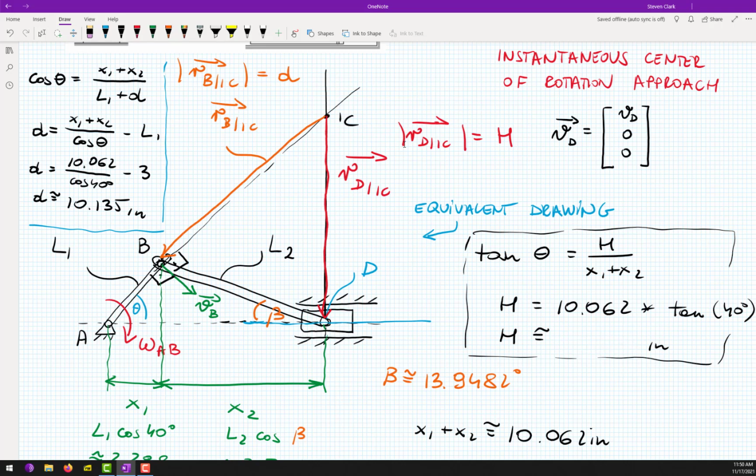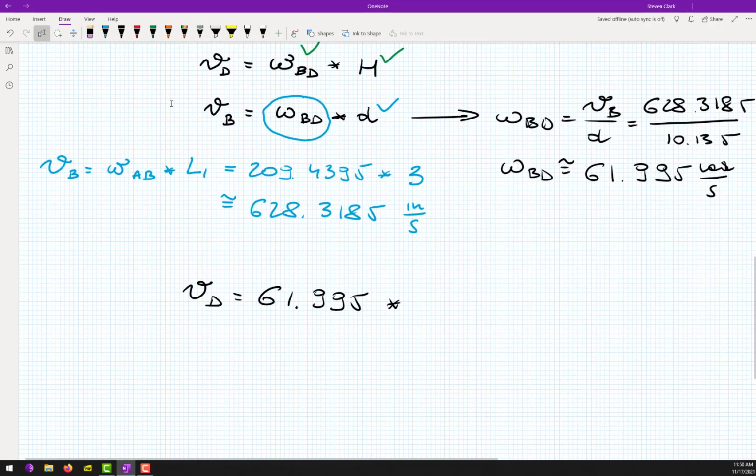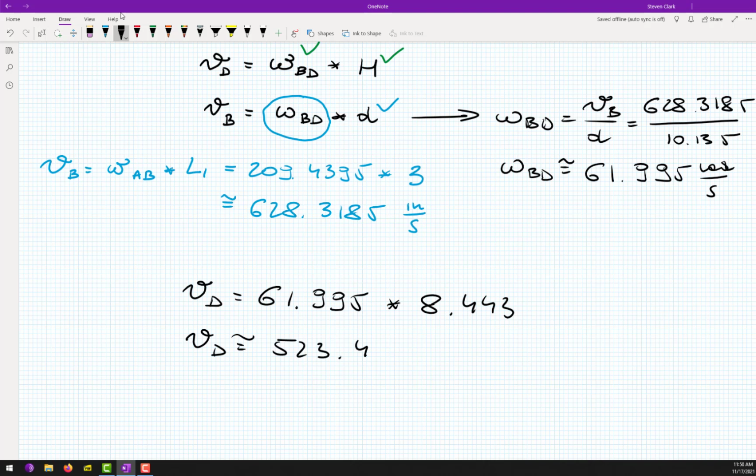This is a correction in your notes. H is actually 8.443. Sorry for that. Grab your calculators for the final time today and obtain that our VD is approximately 523.424 inches per second.